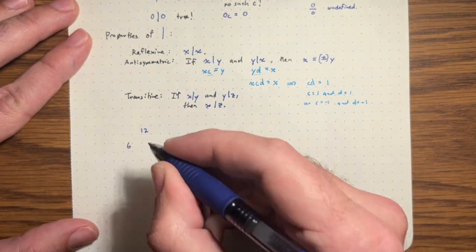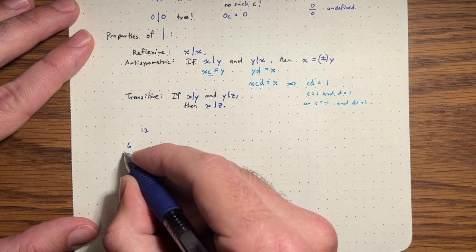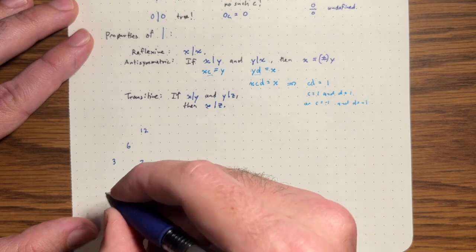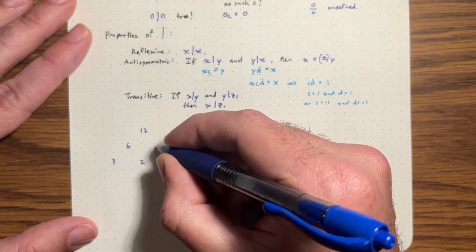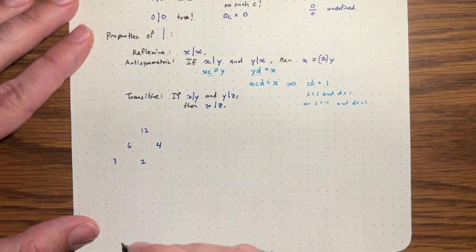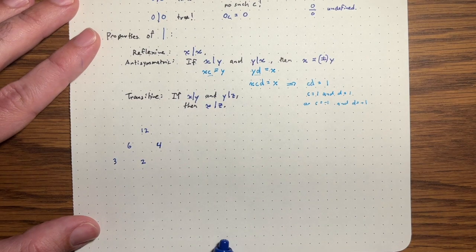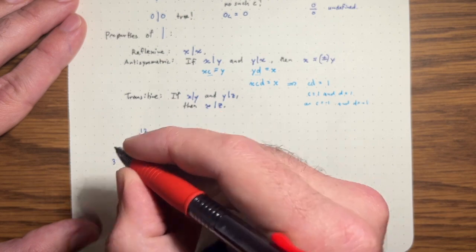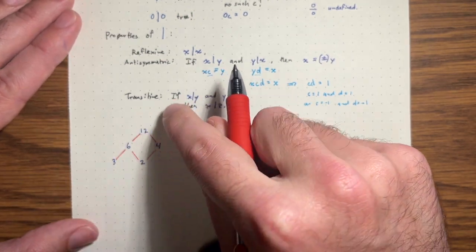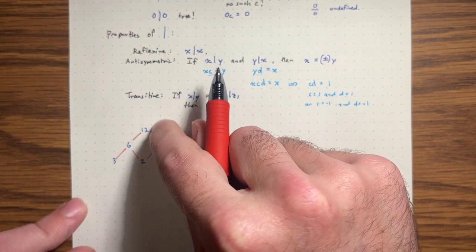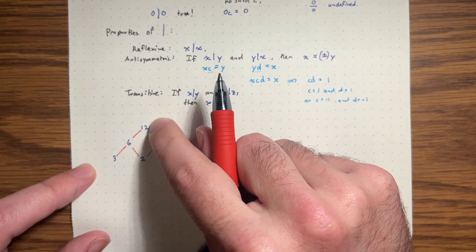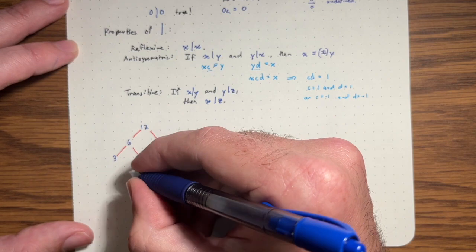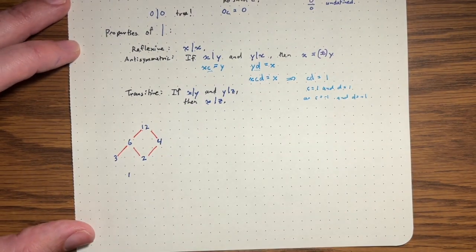Let's put 6 here, and then 6 is divisible by 3 and 2. 12 is also divisible by 4. 4 is divisible by 2. So there's sort of a lattice forming here. Things higher up in the lattice are divisible by things lower down that are connected. And then I guess we have 1 down here.